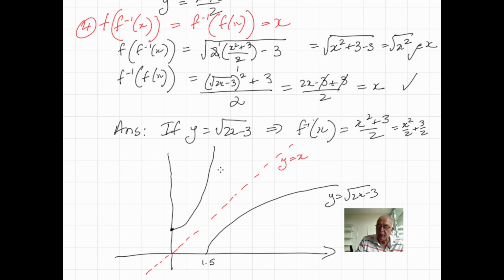So here's my inverse function, y equals x squared plus 3 over 2. It is a general rule that most inverses are mirror reflections in y equals x. So if you can draw the original function, the inverse function will be the mirror image in the line y equals x. So just something to keep in mind.